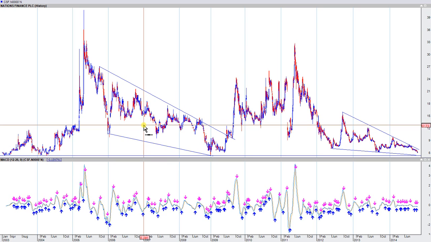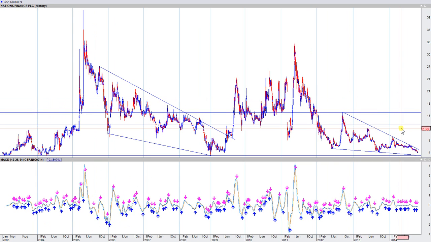A possible target for me would be around 13, even this 15 here. So you have a very good reward on this particular trade if it comes through very well. If you pull it off, you have a very good opportunity.